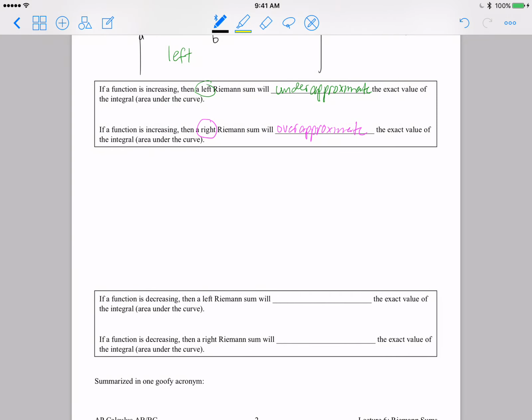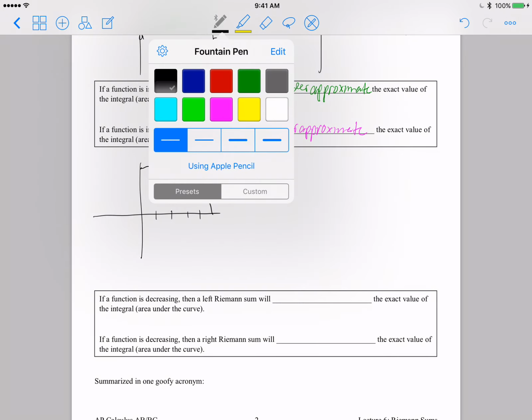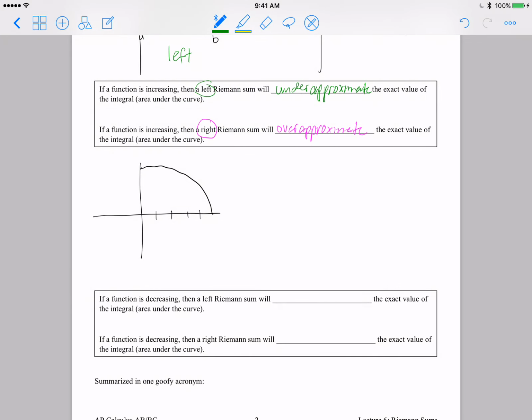So if I have a decreasing function, let's draw a decreasing function here. And let's first of all use the left endpoint of every subinterval. So here are my subintervals. I'm not creating a lot of subintervals, but just enough to illustrate the point here. So I'll use green again for our left Riemann sum.